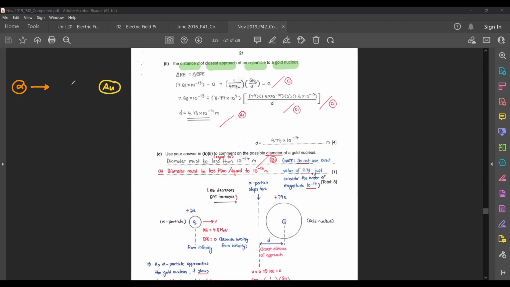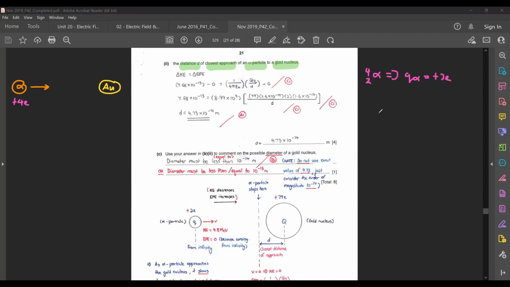Now, consider the charges of the alpha particle as well as your gold nucleus. Your alpha particle actually has a charge of plus 2e, is positively charged. Because the nuclear notation for alpha particle is alpha 4 2, this would mean that the charge of an alpha particle is plus 2e.